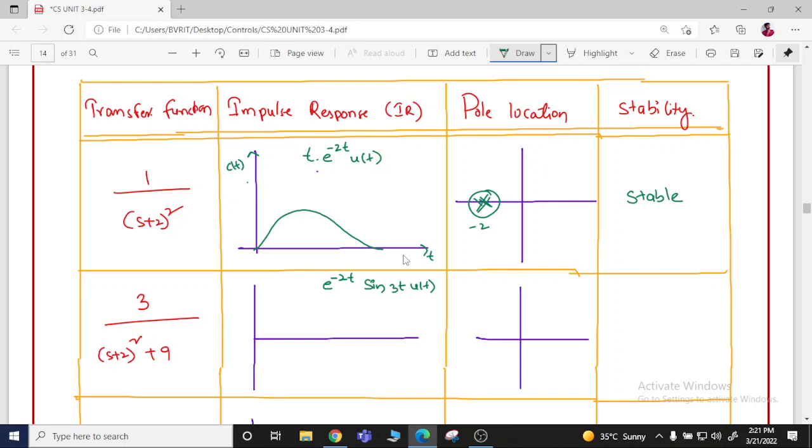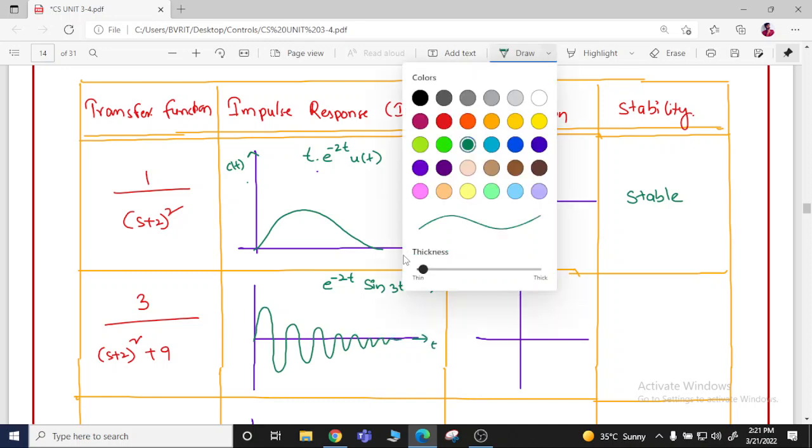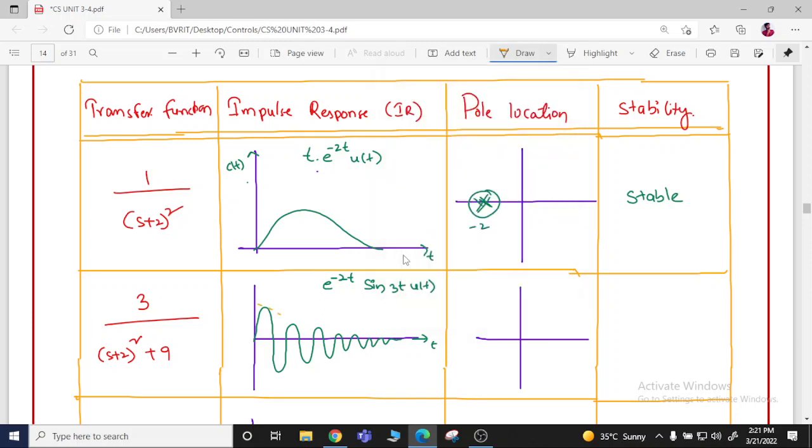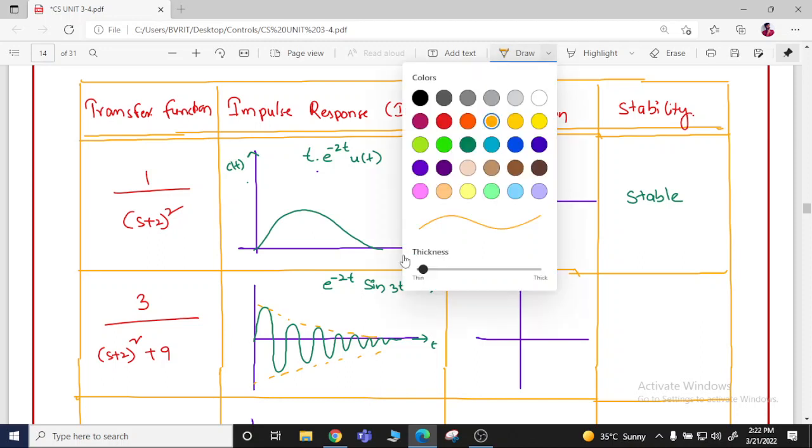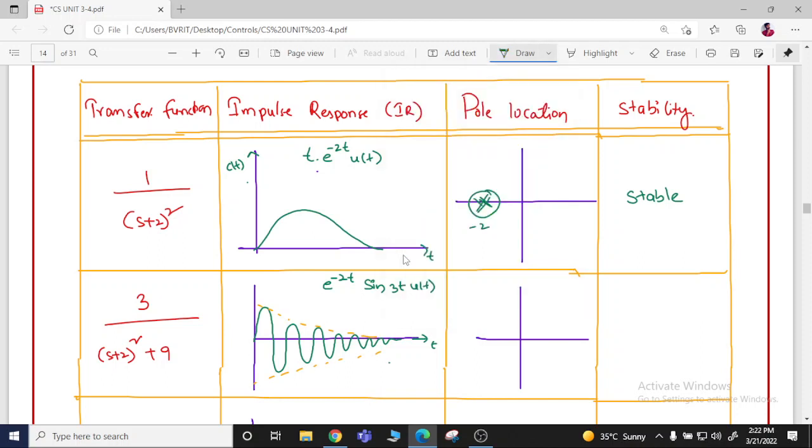So therefore it is e power of minus 2t, an exponentially decaying sinusoidal waveform, as time t tends to infinity. So this is the waveform of this transfer function 3 by (s plus 2) whole square plus 9.